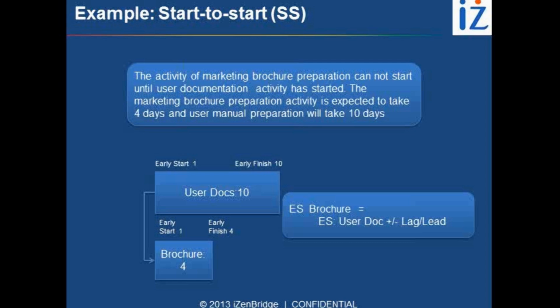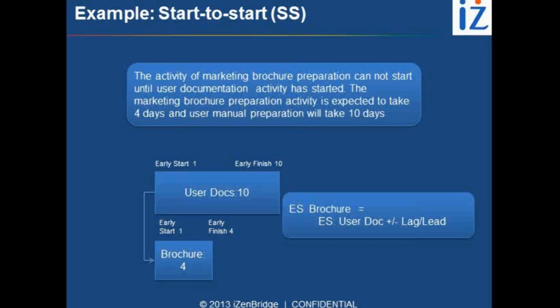In reverse, if you have SS minus 1, the brochure could be started on day 3. So the brochure can be started 1 day ahead of user documentation. This is how the lead and lag should be interpreted.